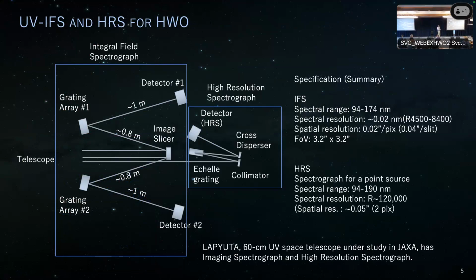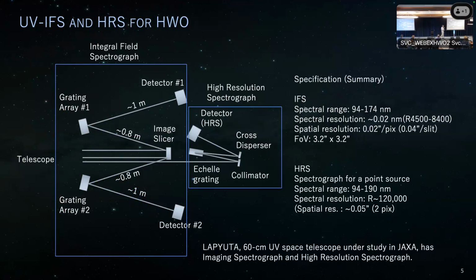At this moment, our target specification is shown here. In the FUV range, the spectral resolution for the IFS is about 0.02 nanometer, and the spatial resolution is 20 milliarcseconds per pixel. There are many requests for the FOV, but at this moment we think that 3 arcsec by 3 arcsec is feasible.